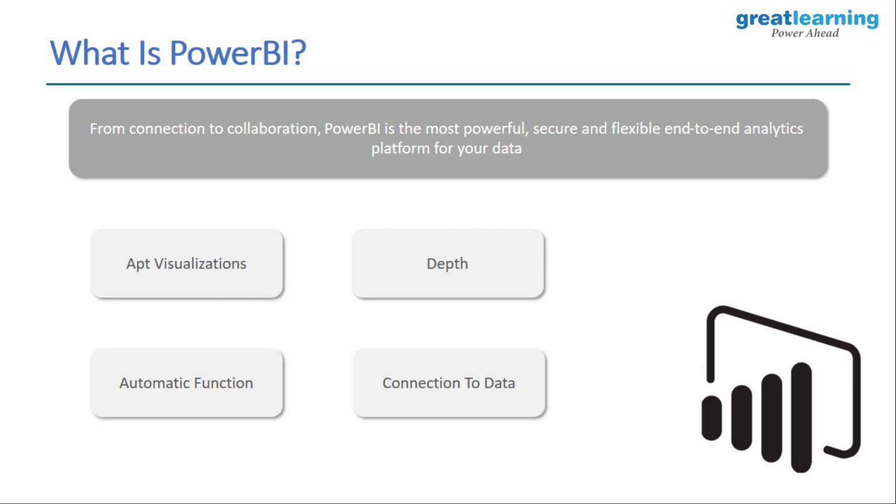If you are not certain what visualization to opt for with a particular data, do not worry about it. All you have to do is put that data in, and if it can be visualized, Power BI by default will suggest certain visualizations for you. Again, something that we'll be seeing as we perform the demo and get into the practical part of this course. The next point is connection to data.